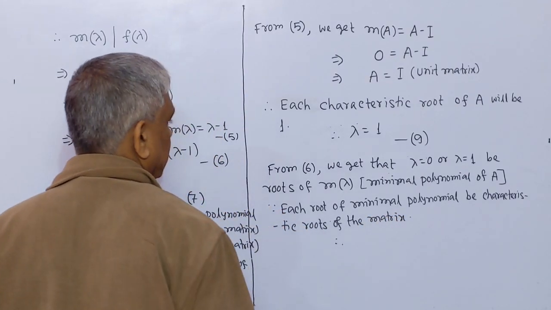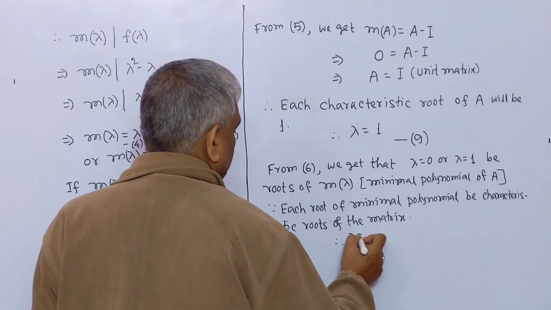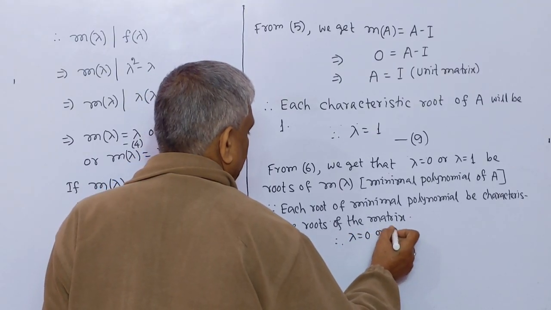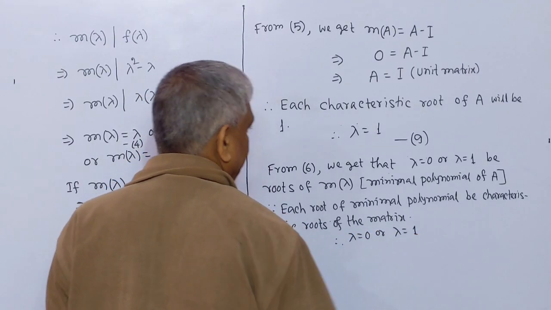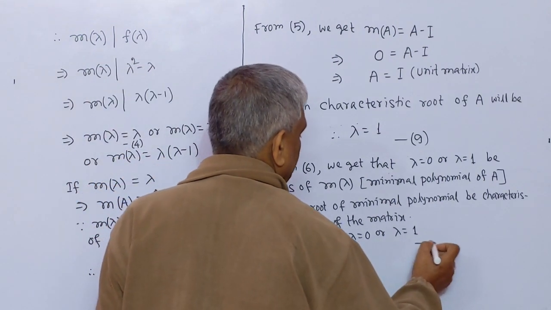Therefore, lambda equal to 0 or lambda equal to 1. This is number 10.